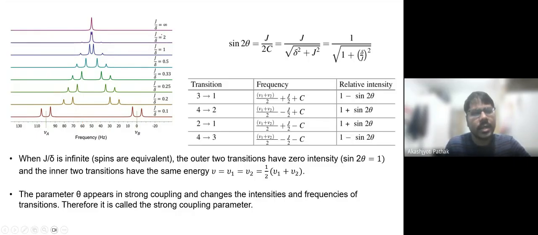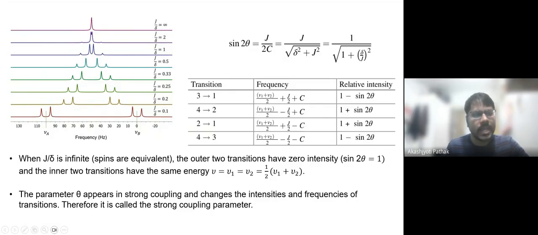The greater the J by delta value, the more strongly the nuclei are coupled. For J by delta 0.1, this is the least value in all these cases, so they are very weakly coupled.